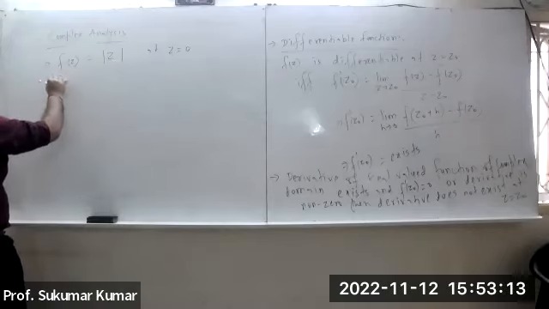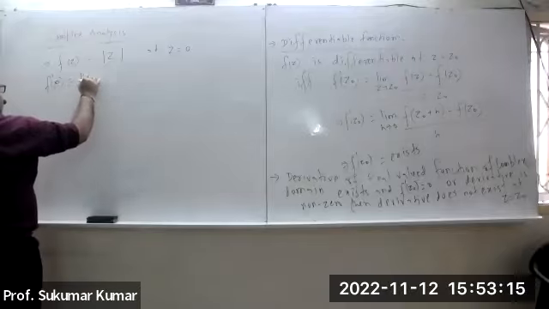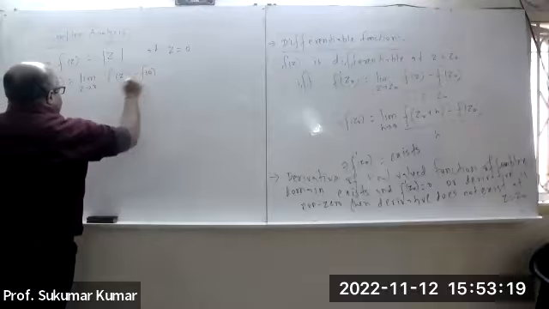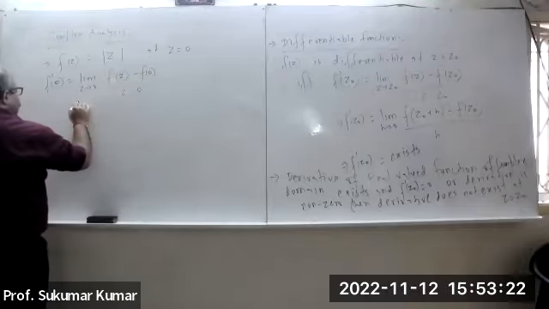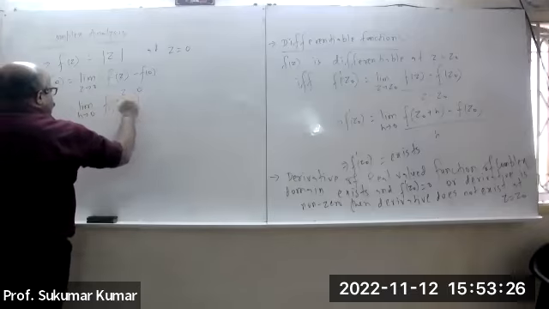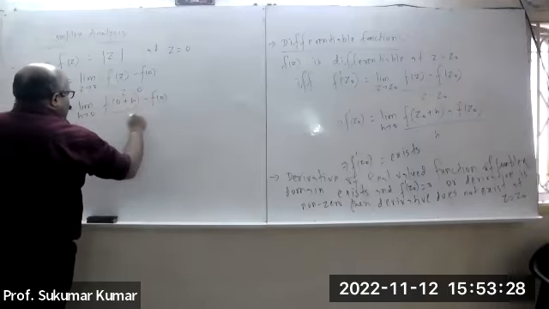So f dash of 0 is the limit as z tends to 0 of f of z minus f of 0 by z minus 0, that is, the limit as h tends to 0 of f of 0 plus h minus f of 0 by h.